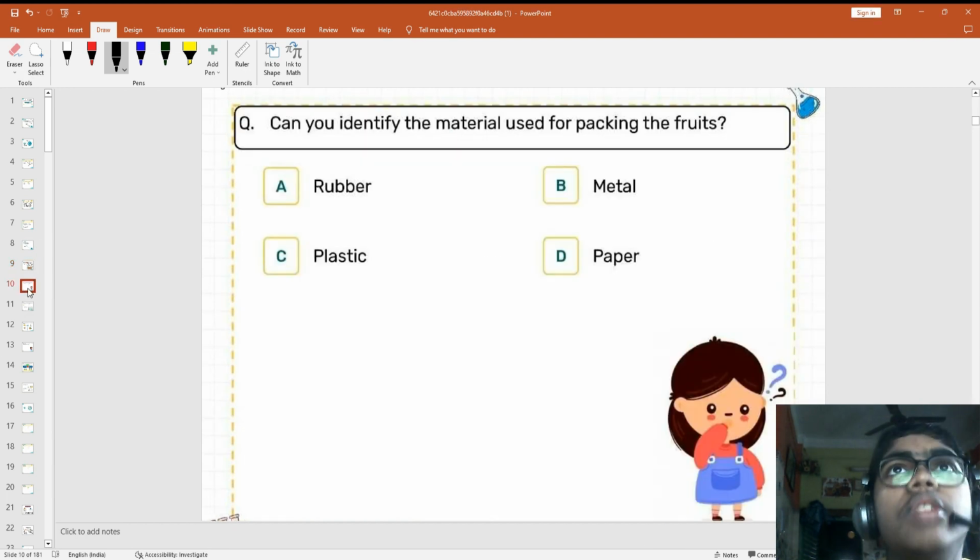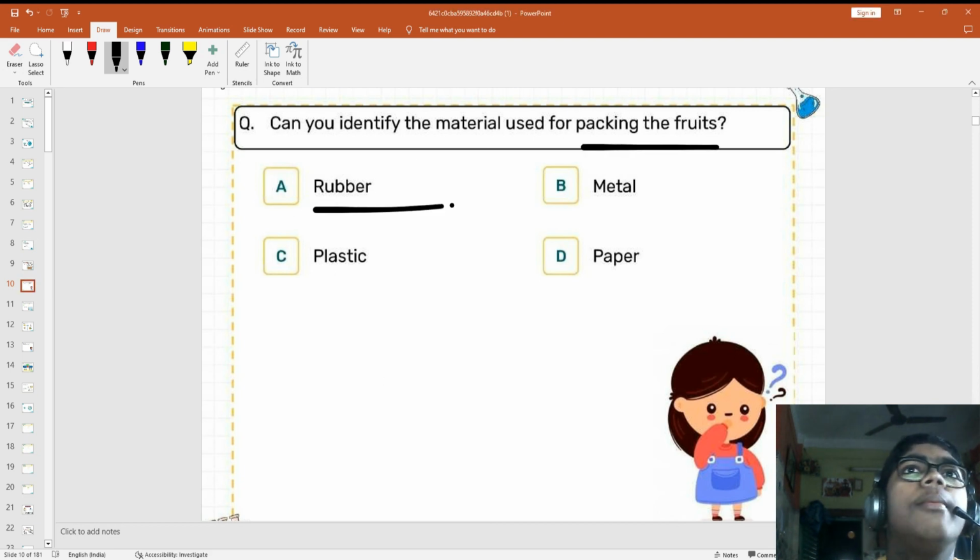He was very curious about the material and the thin film. Can you identify what material was used for packaging of food? Rubber, plastic, metal, paper. Very easy.